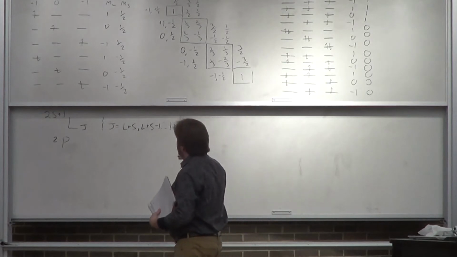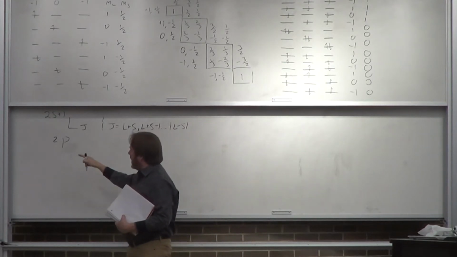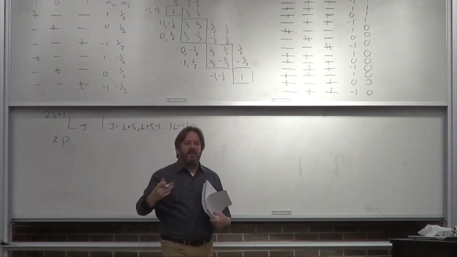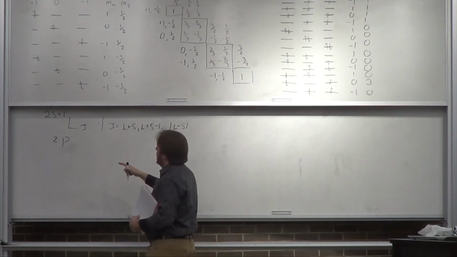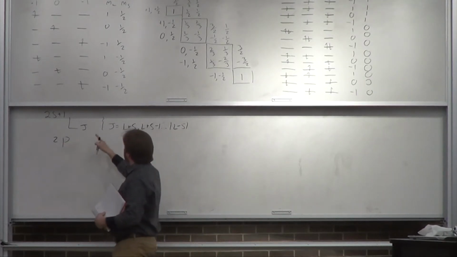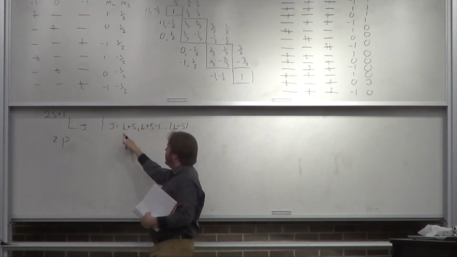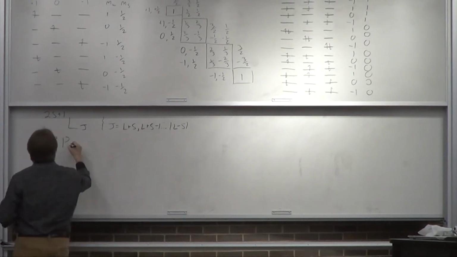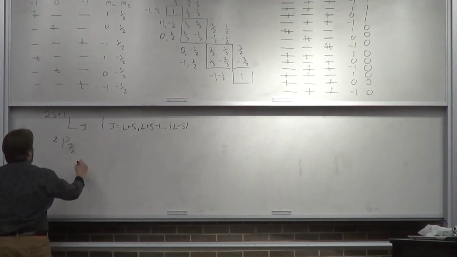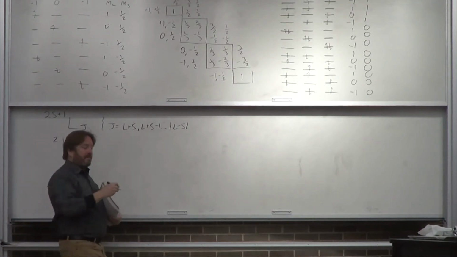Now in this case, learn by doing, right? So again, 2p wasn't hard to figure out. The J then is, S is a half, L is 1, so this is 3 halves. Now remember that we can also figure out, that's the J, and there are m sub J values.